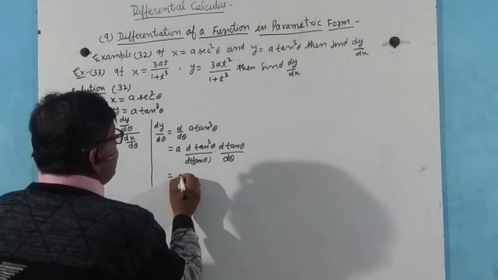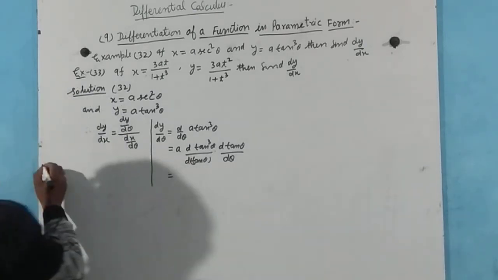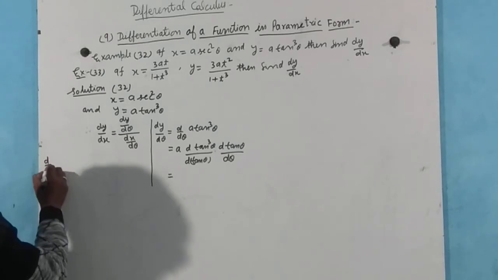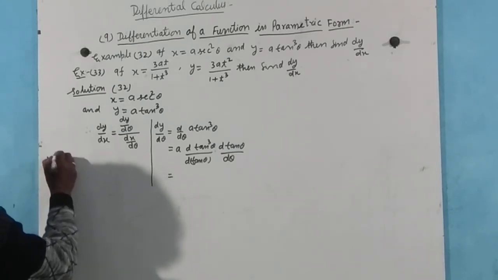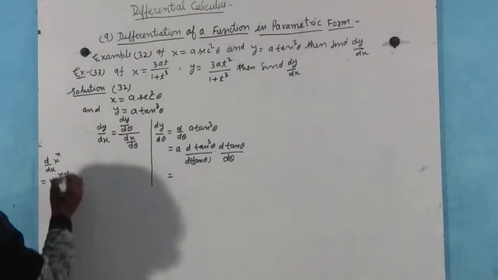Now d by dx of x to the power n equals n x to the power n minus 1.